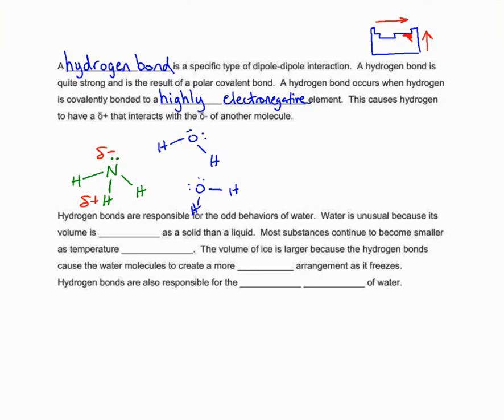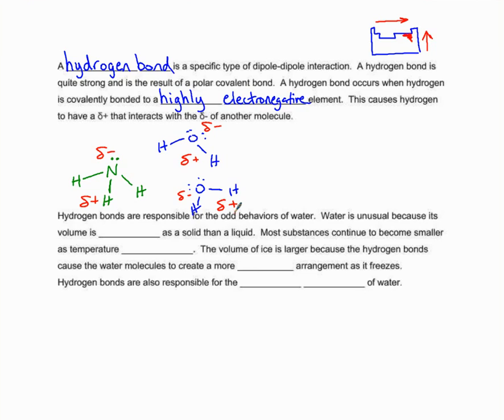Water is also a polar molecule. It's hydrogen covalently bonded to an extremely electronegative element, which means that this oxygen side is going to be partially negative, leaving the hydrogen end to be partially positive. It just is a matter of the electrons being pulled towards the oxygen and away from the hydrogens.